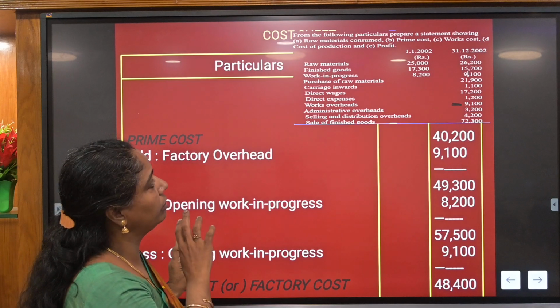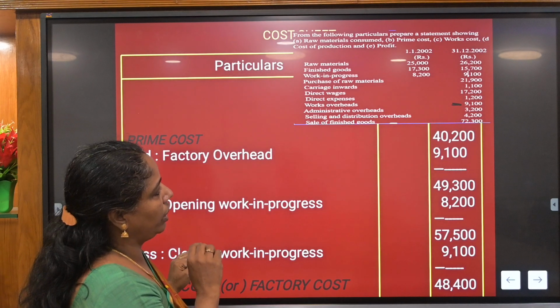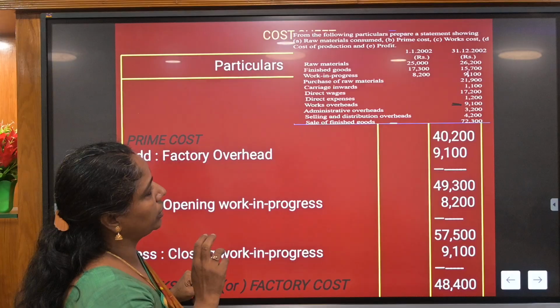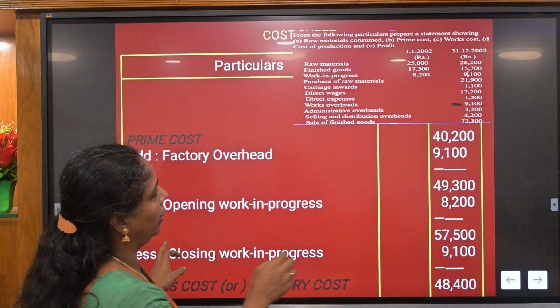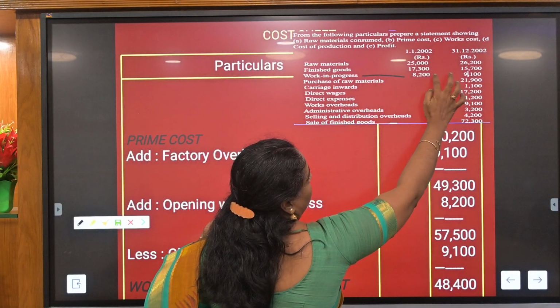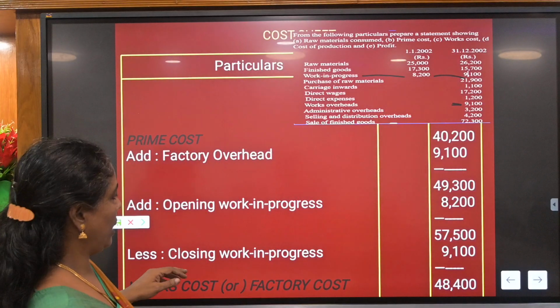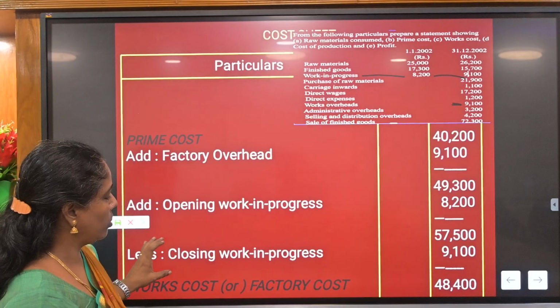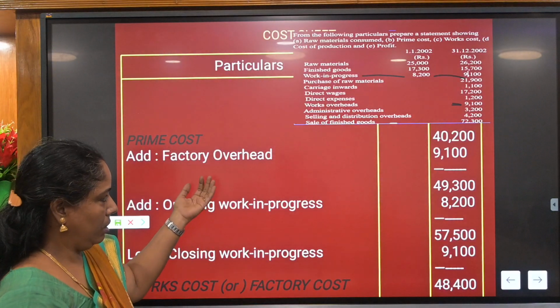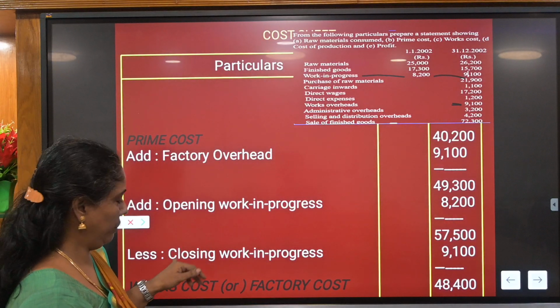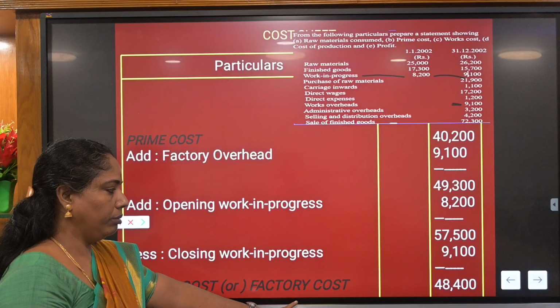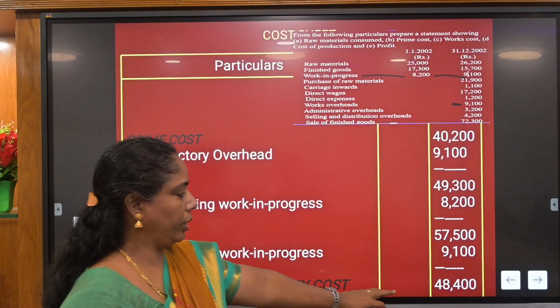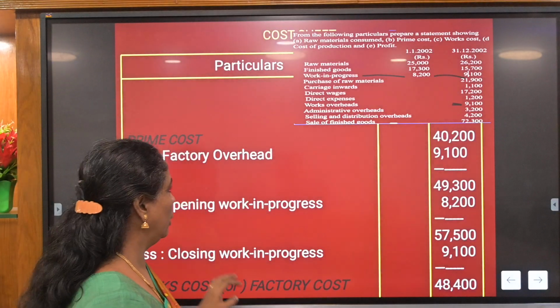Is there any information related to factory overhead? Yes, we have work in progress. Opening work in progress is 8,200 and closing work in progress is 9,100. So opening we should add with factory cost and closing we should subtract. Finally we get works cost or factory cost, that is 48,400.